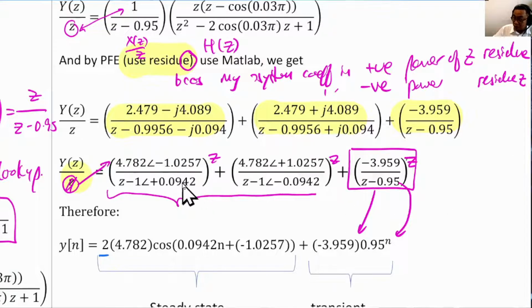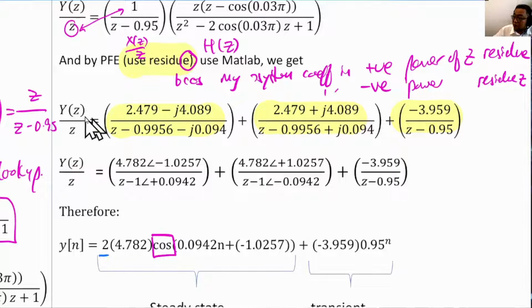What you have to realize is that the complex conjugate pair of poles will be converted into a cosine. In addition, we have to put up a lot of numbers here, so now I'm going to highlight these numbers for you. The first idea is to convert your rectangular representation into polar notation.